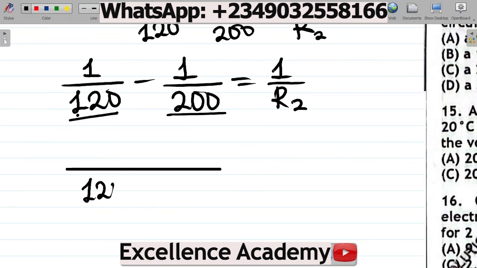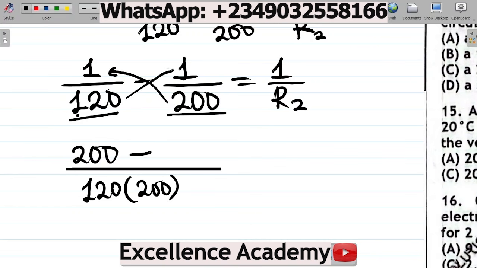That becomes 120 times 200. Next up, multiply this one here with 1. That's 200 times 1, which gives you 200, minus 120 times 1, which gives you 120, is equal to 1 over R2.